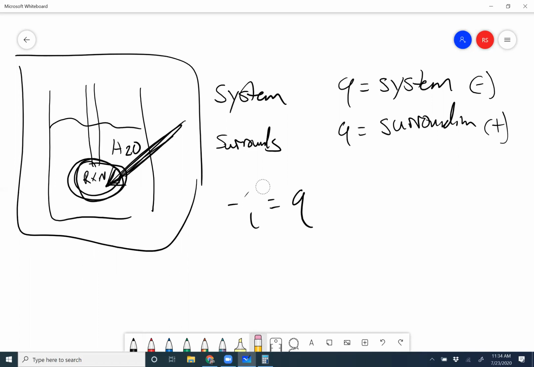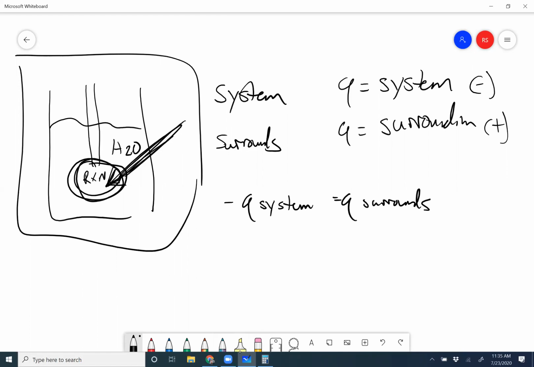So specifically in a bomb calorimeter, we're going to do a chemical reaction, or we're going to put in a hot piece of metal. So we're going to have our system lose energy. So the negative Q of the system will be equal to the Q of the surroundings.